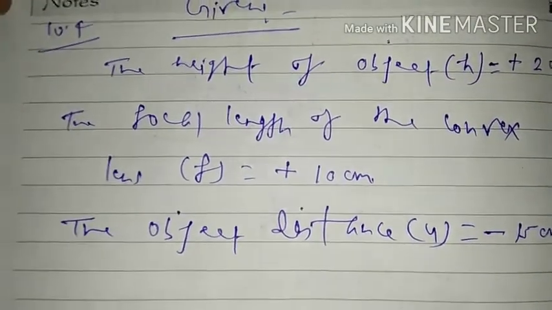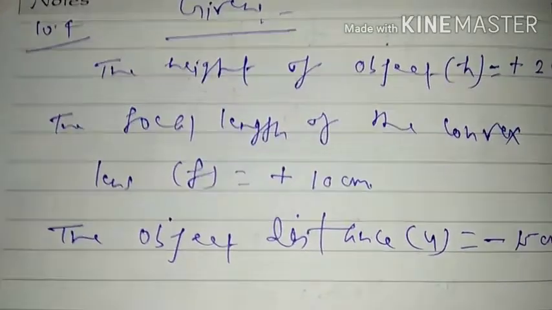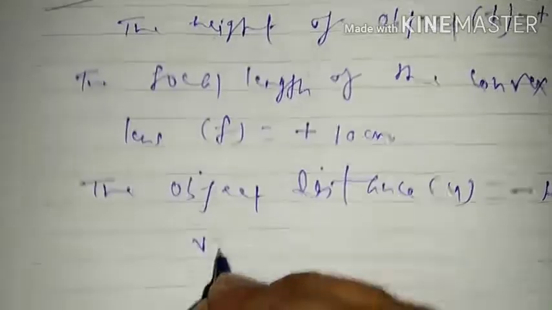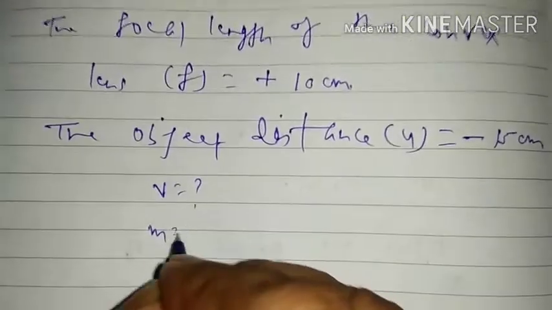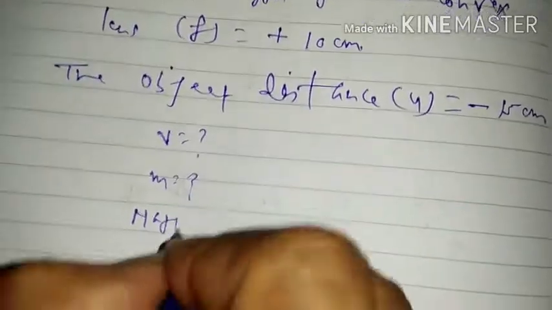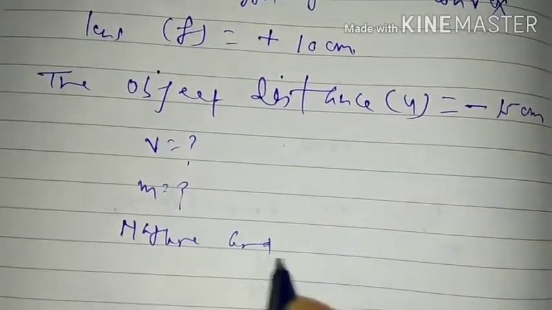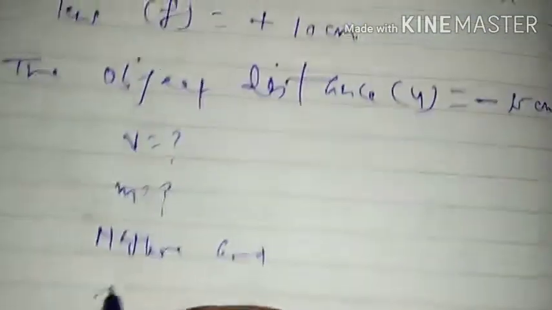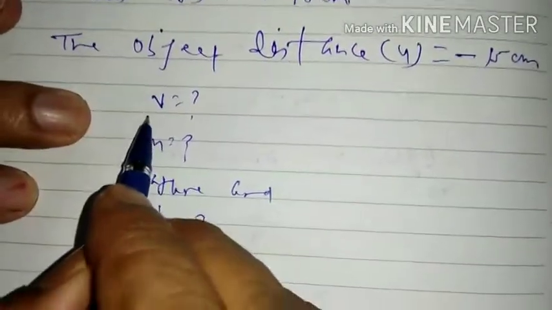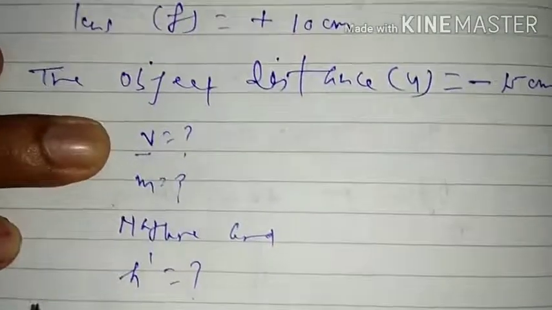So what are the physical quantities we have to calculate? v is equal to what? m is equal to what? Nature, and h dash, that is height of the image, is equal to what? To calculate all these things, first of all we calculate v.